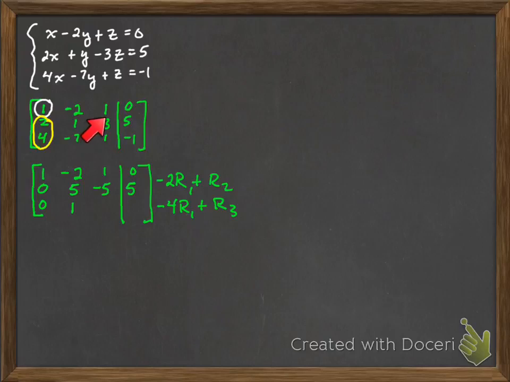Then we move on to the next number. -4 times 1 is -4, plus the 1, which is going to be -3. And then the 0 times -4 is still 0, plus -1 is negative 1.